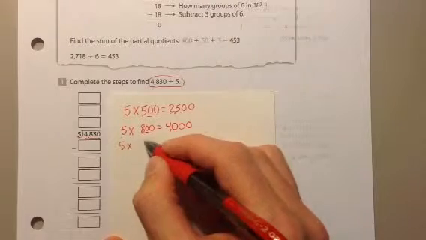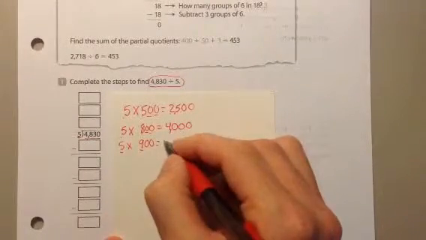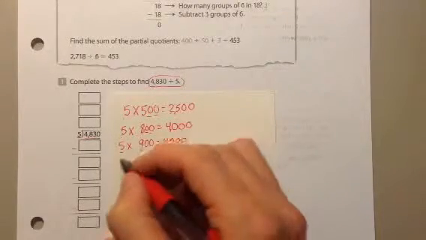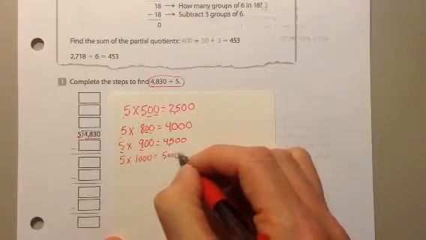So 5 times 900, multiply your non-zero digits, 5 times 9, you're going to get 45, add your zeros, 4,500, or 5 times 1,000 equals 5,000.